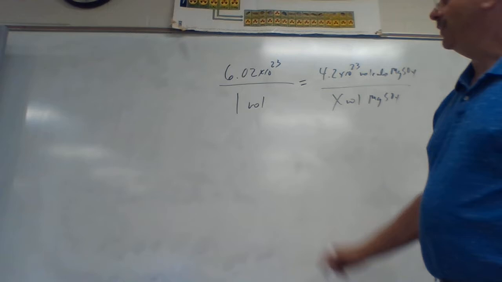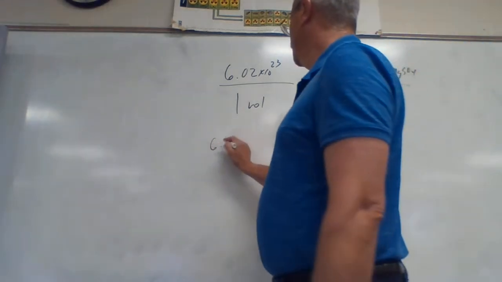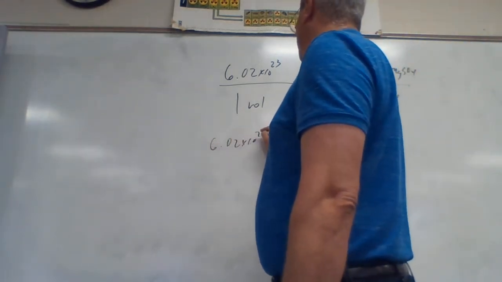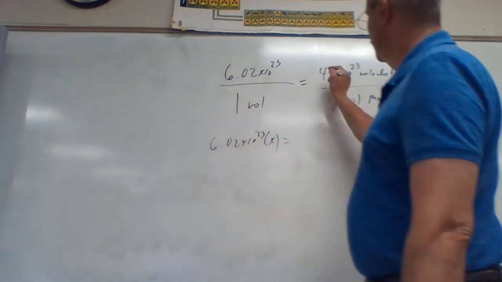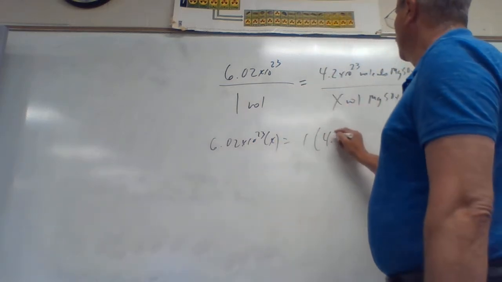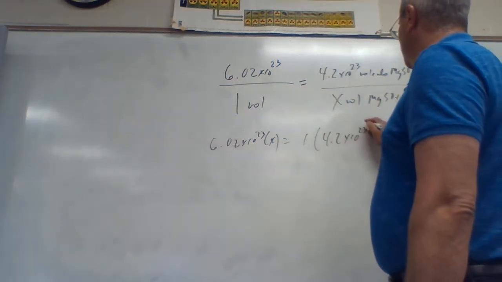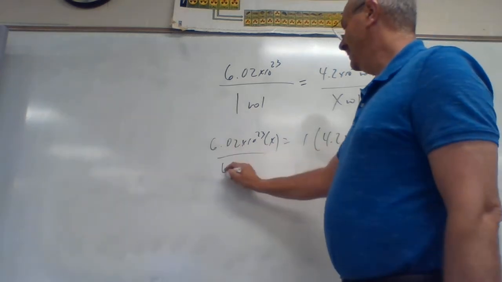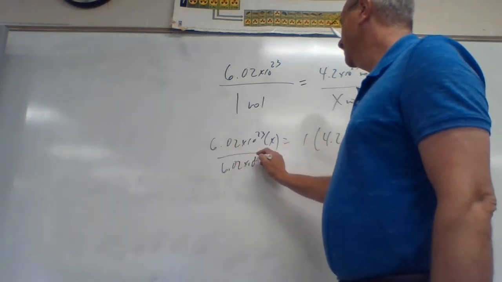So from there, cross multiply. So you go with 6.02 times 10 to the 23rd times X equals the other direction, 1 times 4.2 times 10 to the 23rd. So we've got to get X by itself, dividing by 6.02 times 10 to the 23rd on both sides.